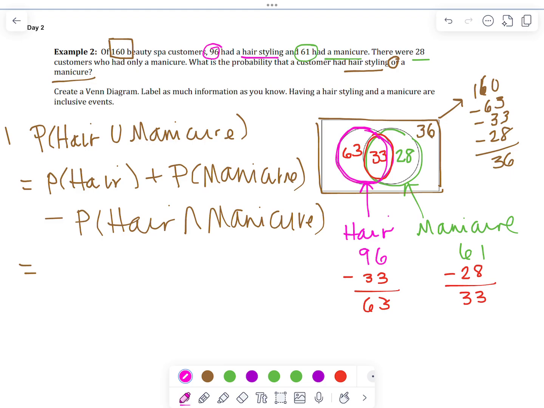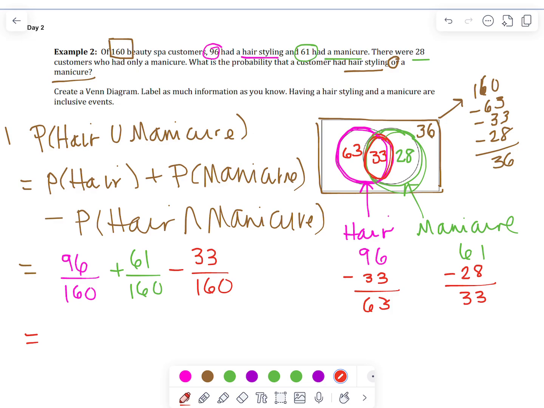So those who got their hair done was 96 out of 160. Those who got the manicure were 61 out of 160. Then those who got both are 33 out of 160. So we add those fractions together and subtract, and we get 124 out of 160, or as a decimal, 0.775.